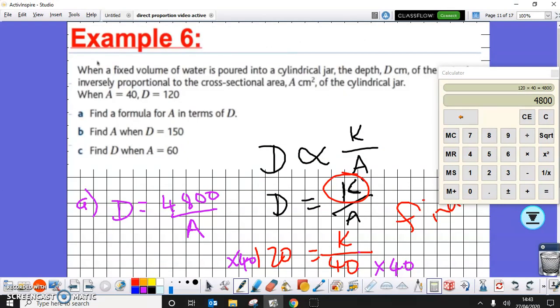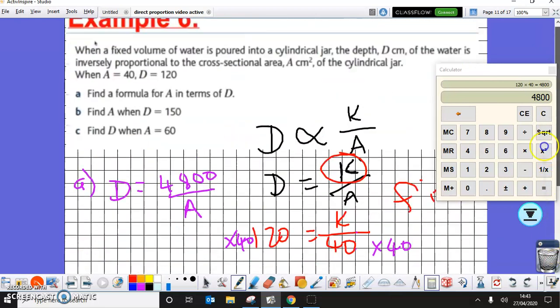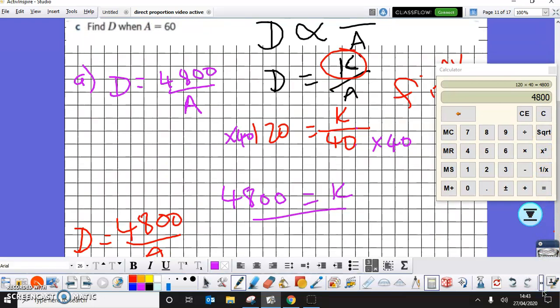Find A when D is 150. So using the formula we just wrote down there, D equals K over A, equals 4,800 over A, and we need to find A when D is 150.